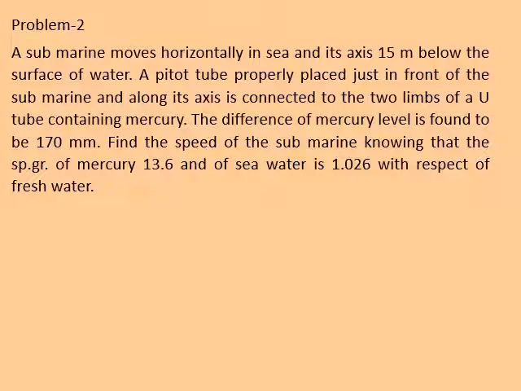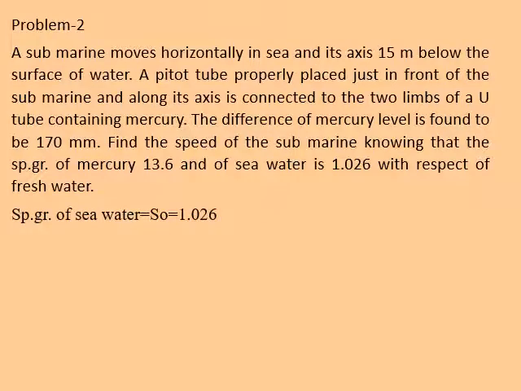The difference of mercury level is found to be 170 mm. Find the speed of the submarine, given that the specific gravity of mercury is 13.6 and of sea water is 1.026 with respect to fresh water.